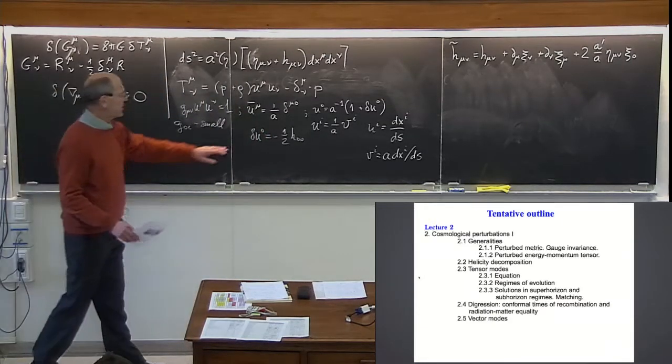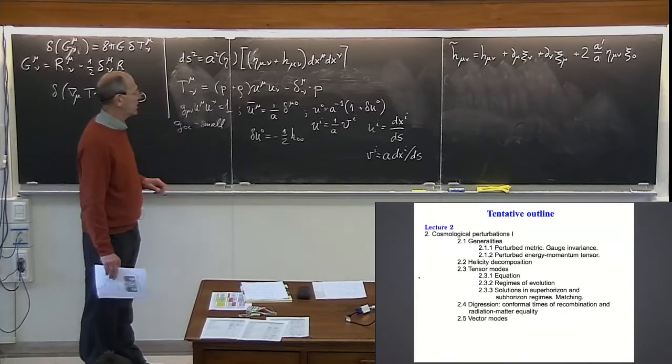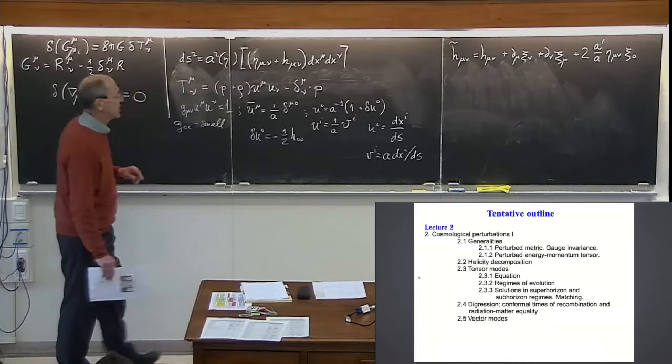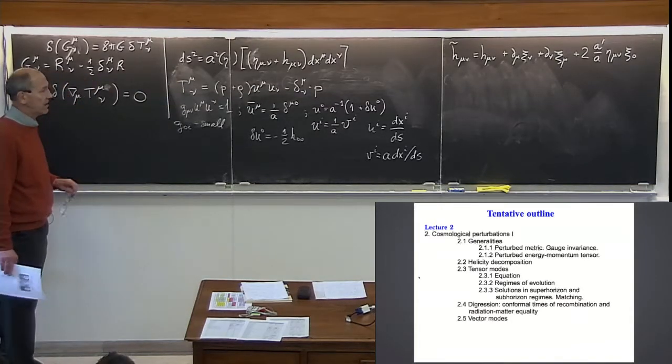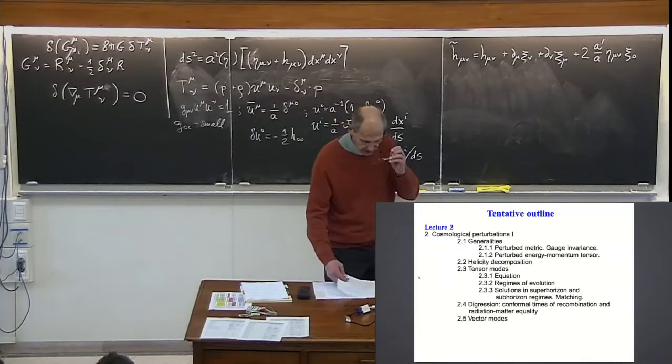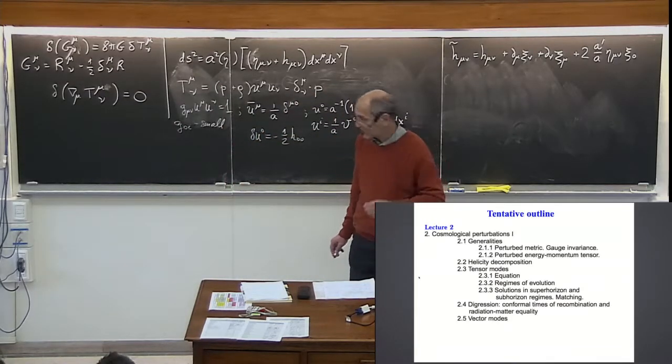So this is not an independent quantity, whereas vi are independent quantities, and they are not subject to any constraint. For the time being, they have to be found by solving the equations.